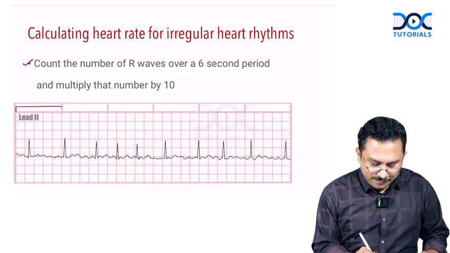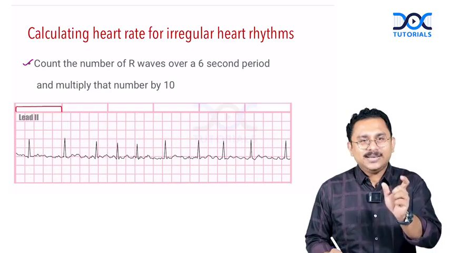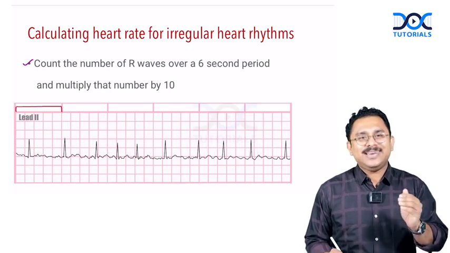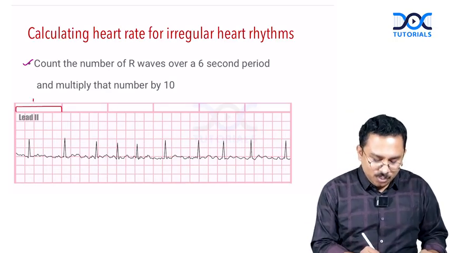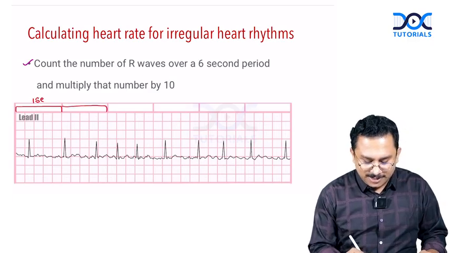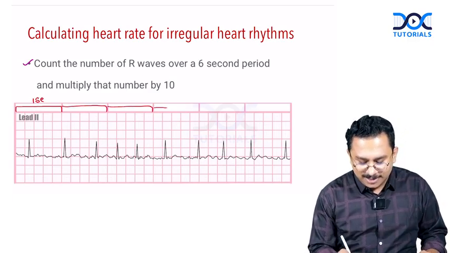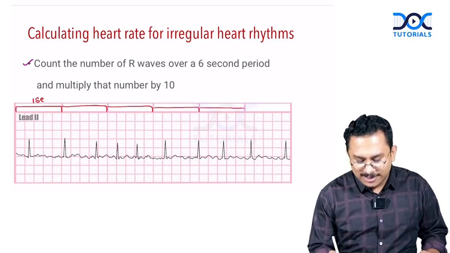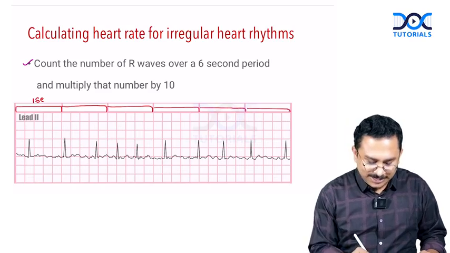is 5 large squares. So each large square is 200 millisecond and 5 large squares will be 1 second. So this is the next 1 second, the next 1 second, next 1 second, next 1 second, next 1 second.